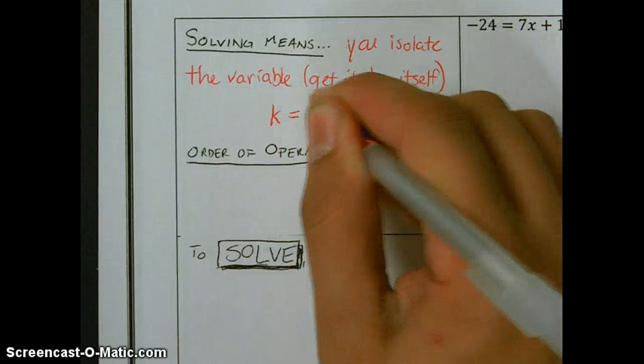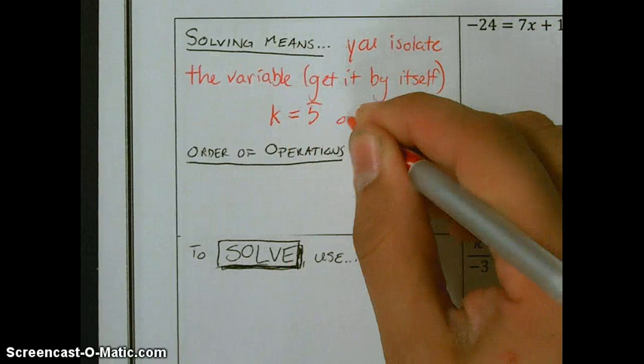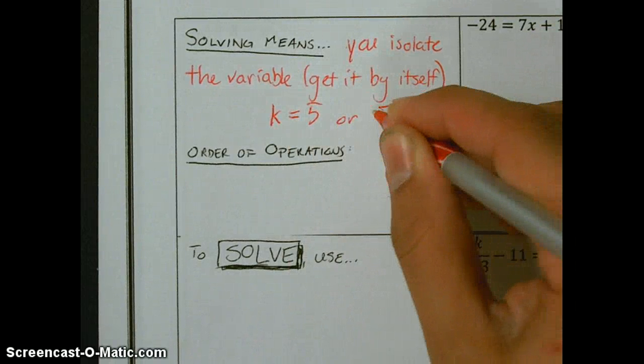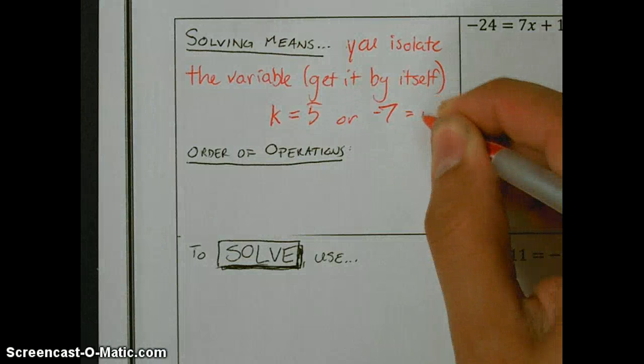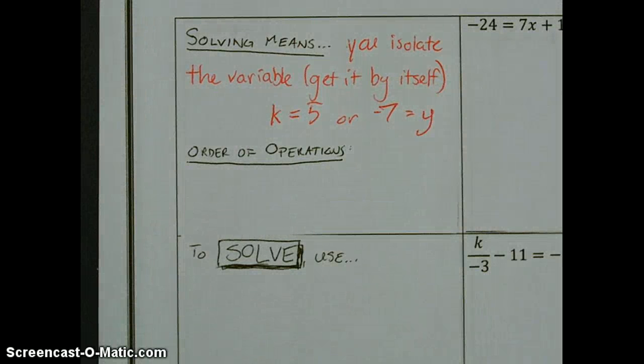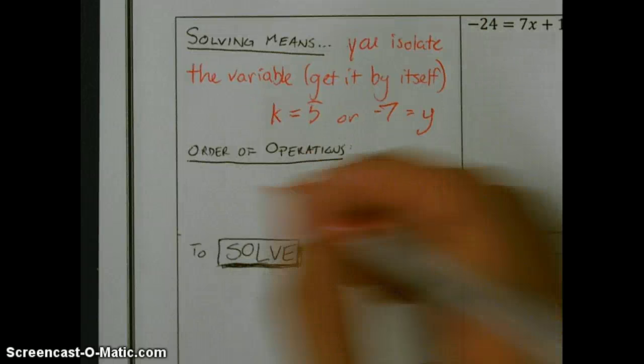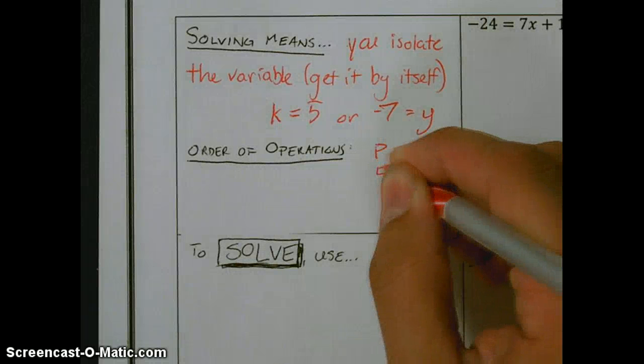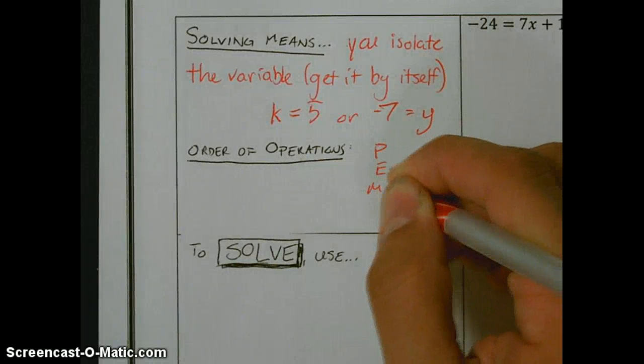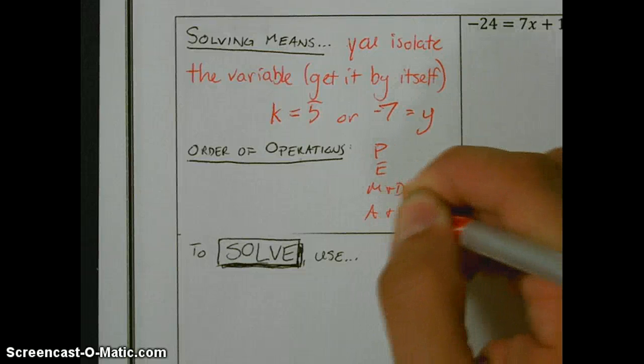K equals 5, right? Or let's make it -7 equals y, or whatever. But the variable's by itself. That's the goal, to get everything else to the other side. Okay. So order of operations, if you remember, we had parentheses, exponents, multiplication and division, addition and subtraction.